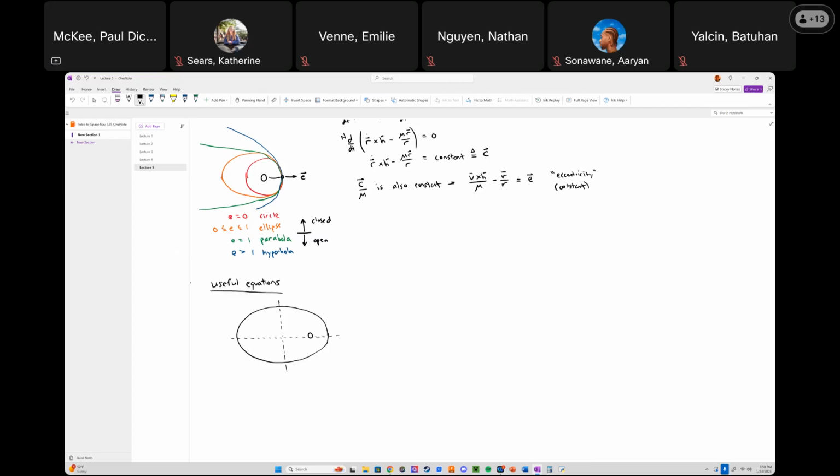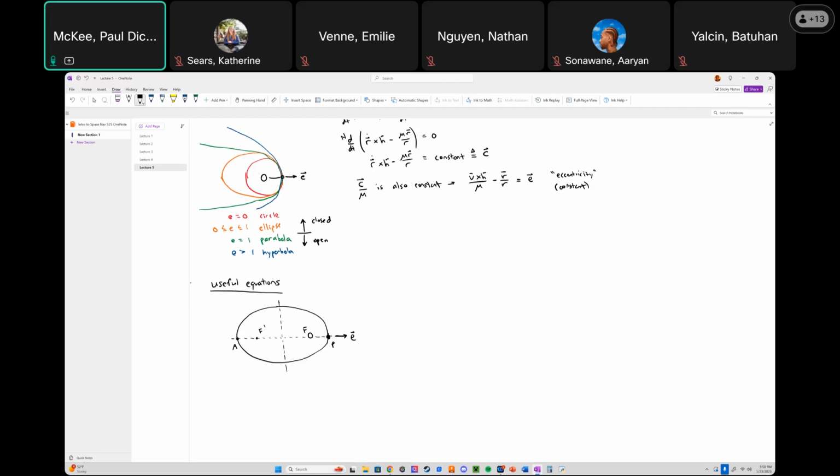This is the central massive body, which is at some focal point F. But then there's also some focal point floating out in space, which we'll call F prime, which doesn't have any center of mass at it. The center of mass is at F. Okay. Let's call this point here P, point of closest approach. And this is the eccentricity vector E. There's also some point out here A, which is the point of furthest distance.